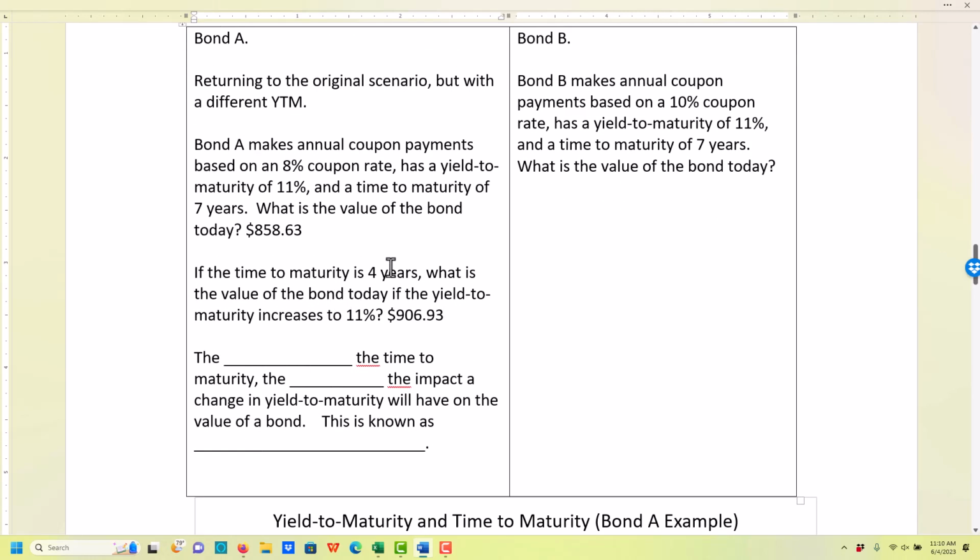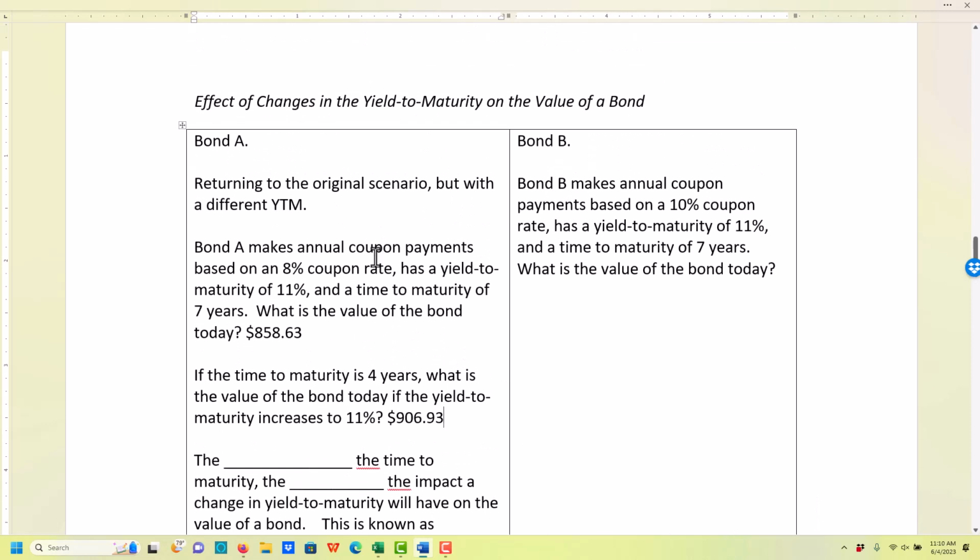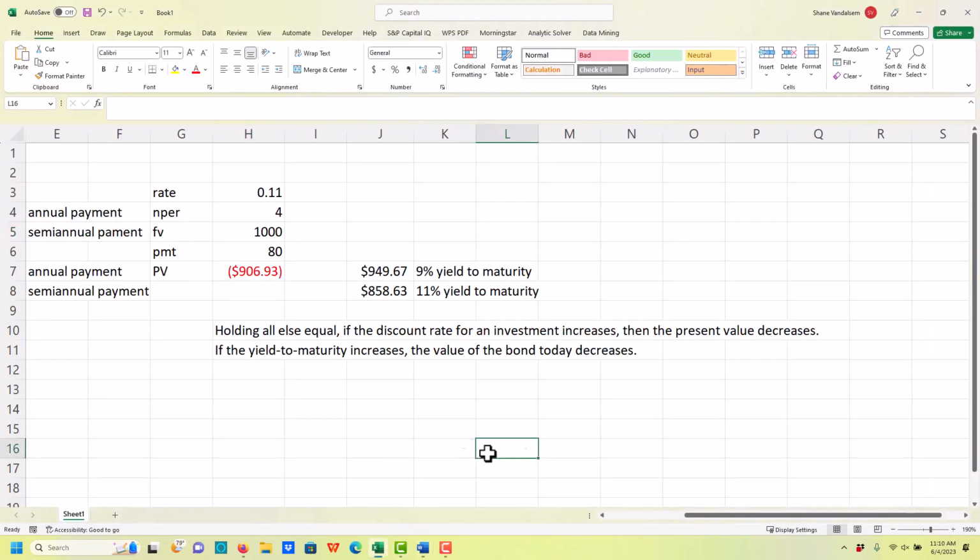So I'm going to put together a little matrix in our Excel spreadsheet to show you what's happening with the change in time and the change in the yield to maturity for this bond. So we're going to put up here, or actually let me make this a little bit nicer, time to maturity.